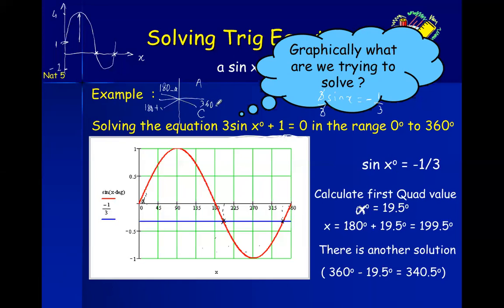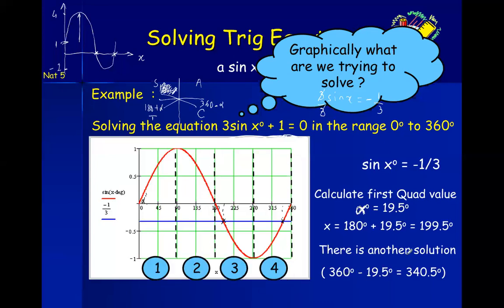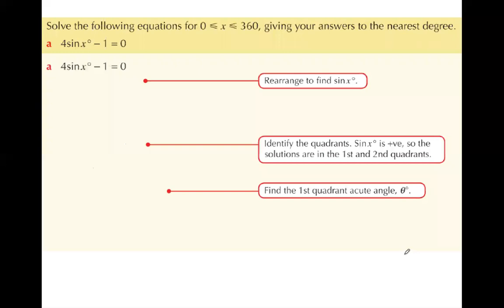That's where sine is negative, so you can ignore that portion there. Remember CAST: positive, positive, negative, negative for sine. So you've got 180 plus and 360 take away, like what we've just done there.